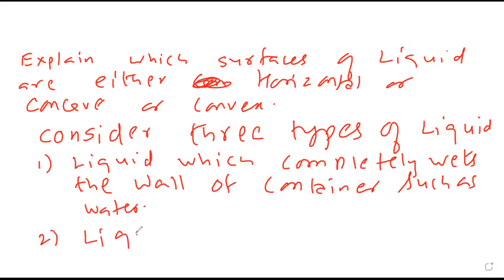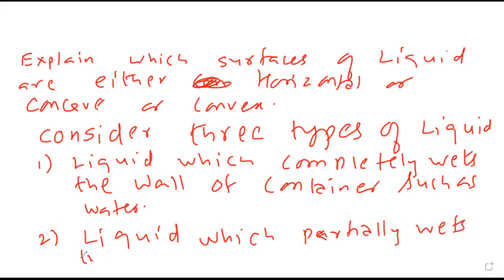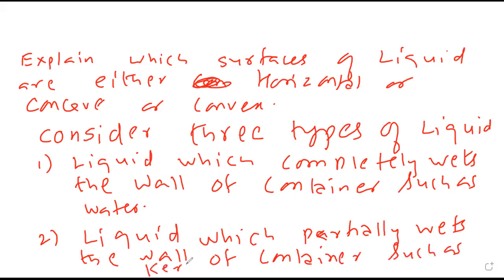Second, liquid which partially wets the wall of container, such as kerosene. Partially it wets. Partially wets means if you pass kerosene through a glass tube, somewhere you will find it is wet and somewhere it is not wet. That means partially wetting. Please copy this much.